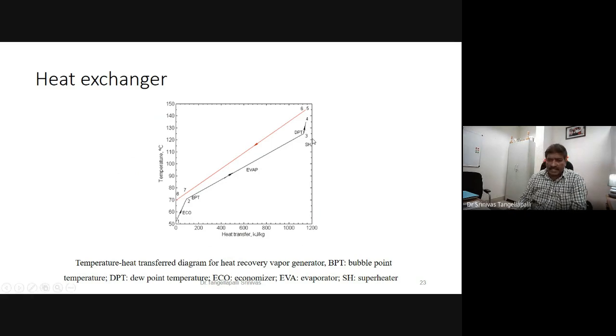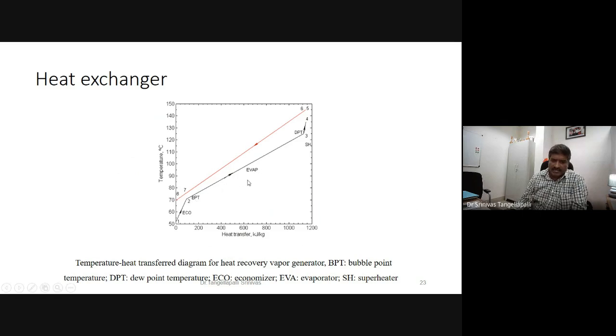Okay, SH means superheater. Now 1 to 2 is a sensible heat transfer, because there is no phase change in 1 to 2. 2 to 3 is latent heat, but the latent heat of H2O and the latent heat of NH3 are both applicable here.